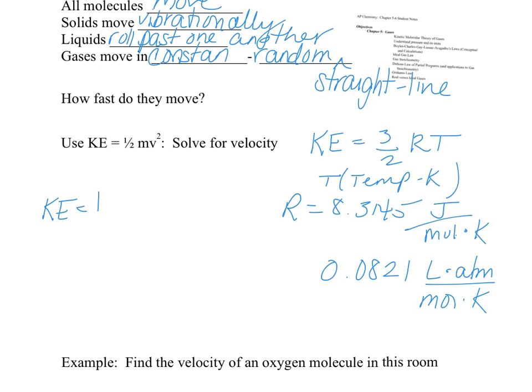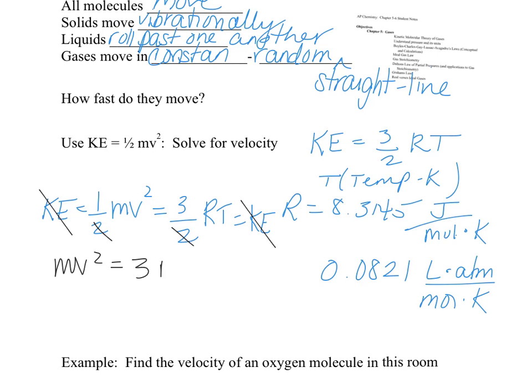So we have KE equals 1/2 mv squared, and that is equal to 3/2 RT, which is equal to KE. So these are going to cancel. We know that our 2's are going to cancel. So we're going to be left with mv squared equals 3RT.